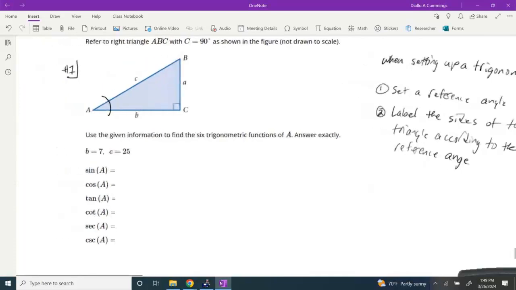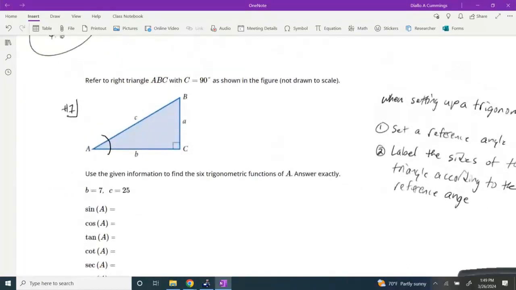Okay, so what do I mean by that? Well, we need to label one side the hypotenuse, we need to label one side the adjacent, and we need to label one side the opposite.